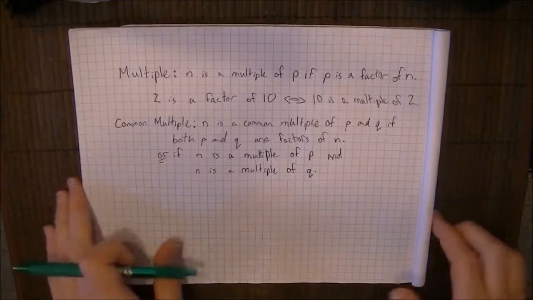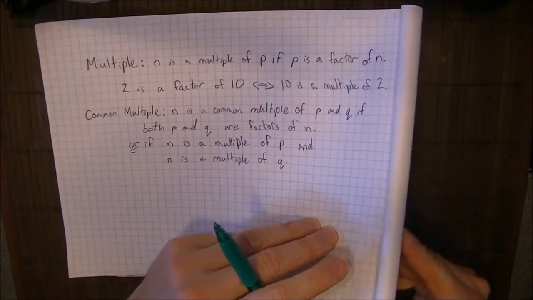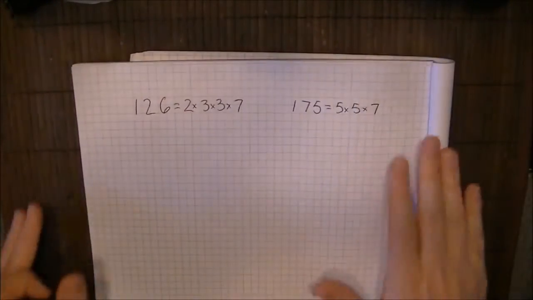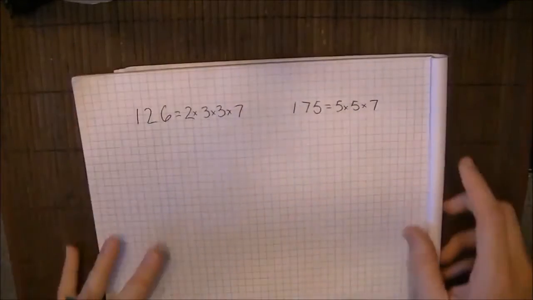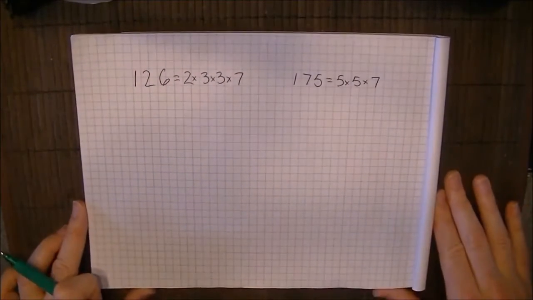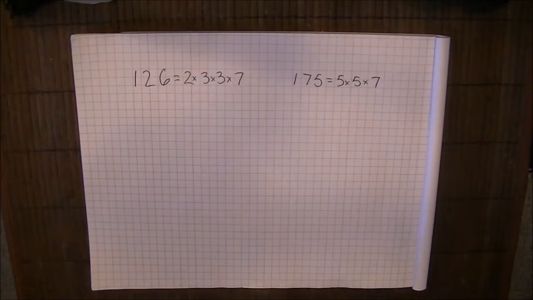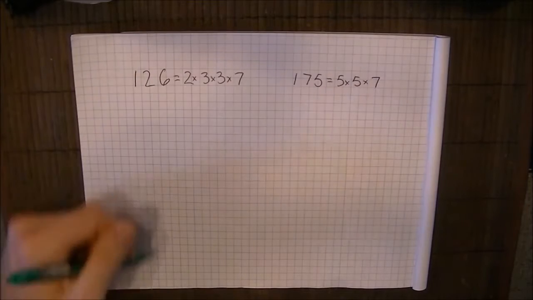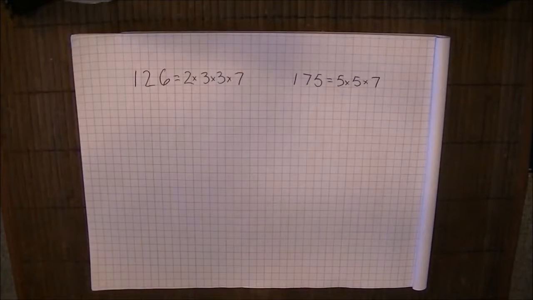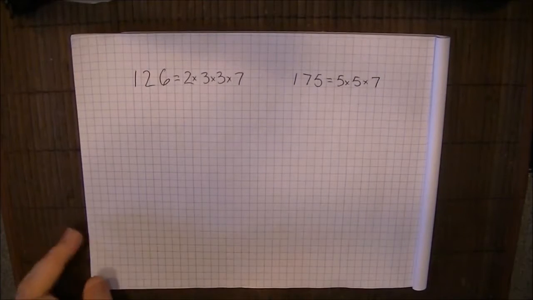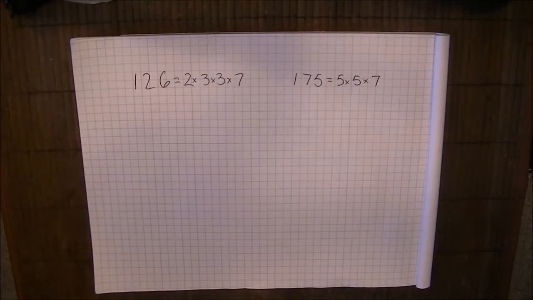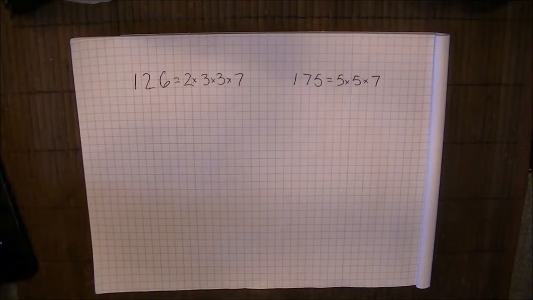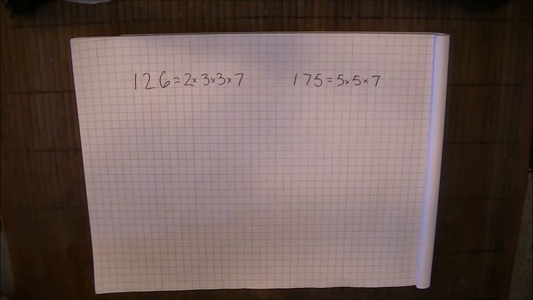All right, great. So let's take a look at two numbers that may seem a little familiar. We've got 126 and 175. One way of finding a common multiple would be to just list all the possible numbers. Now that can take a while, but I've got the power to fast forward, to shrink time.